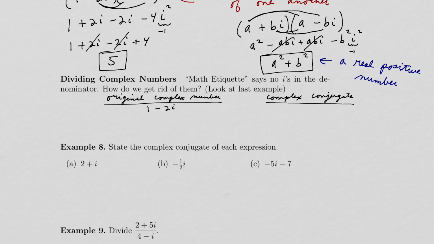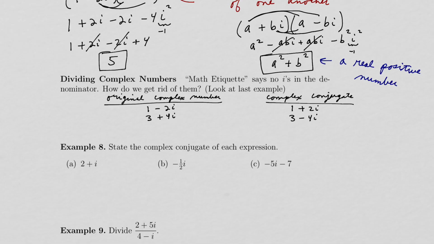Well, remember, the complex conjugate is going to look exactly the same, except you're going to change the sign of the imaginary part. So the conjugate in this case will be 1 plus 2i. Let's say the original complex number was 3 plus 4i. Then the complex conjugate would be 3 minus 4i. I'm just changing the sign on the imaginary part, not on the real number. The real number stays the same.